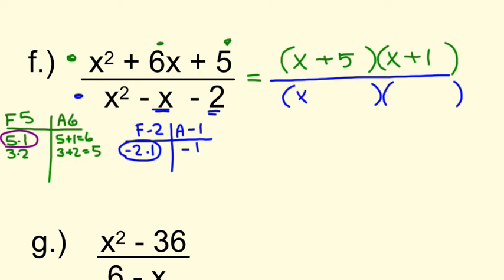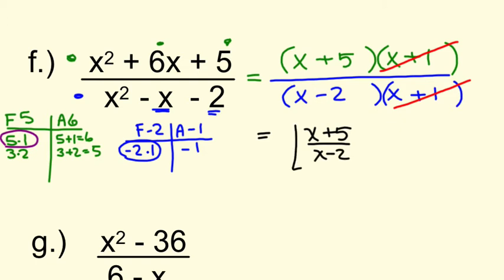We split up our x and our negative 2, and our plus 1. Now, once we have it factored, we're looking for a common factor that we can cancel. The two that cancel are this x plus 1 and this x plus 1. So we're left with x plus 5 over x minus 2.